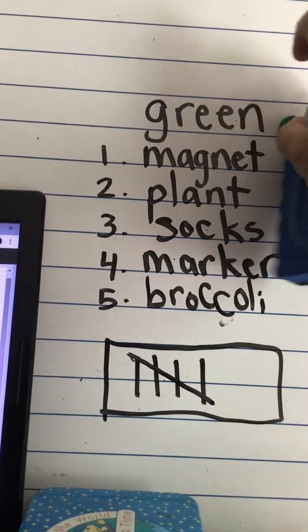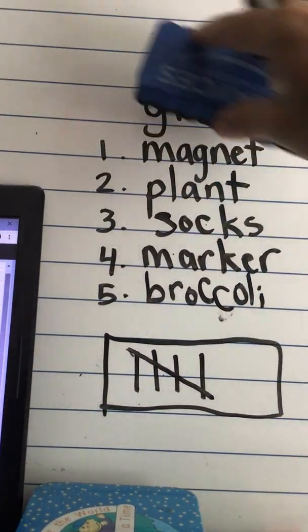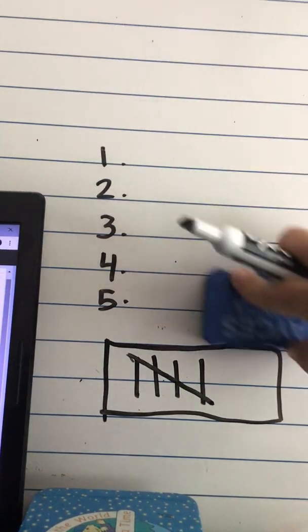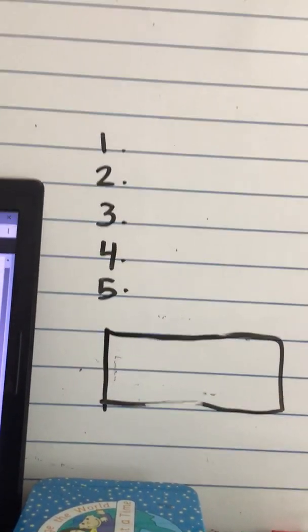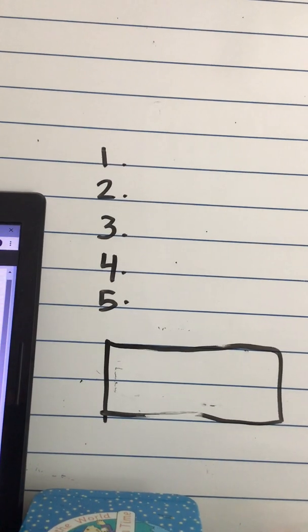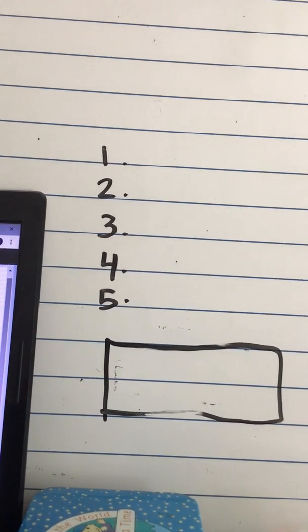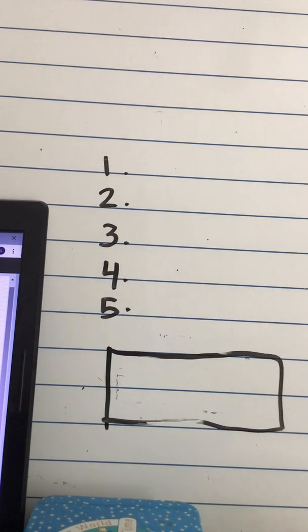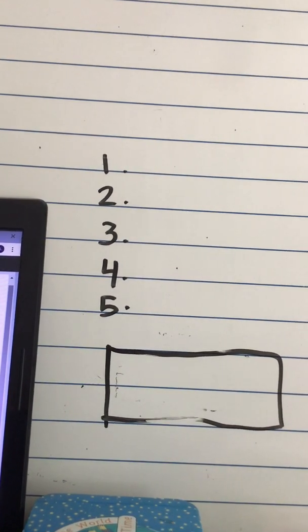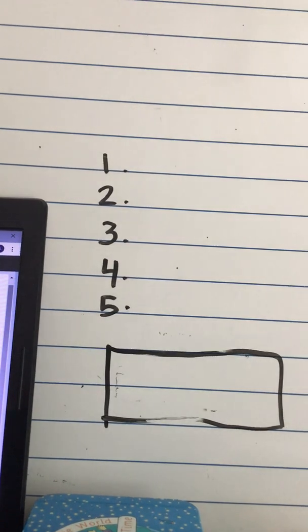If you want to pick a different color and look for things around your house that are that color, you can. If you want to pause the video and go write down some things, you can pick any color you want. Try to find 5 things that are that color and then practice making 5 tally marks at the bottom. You could do it with 2 colors. There's enough room on your paper.